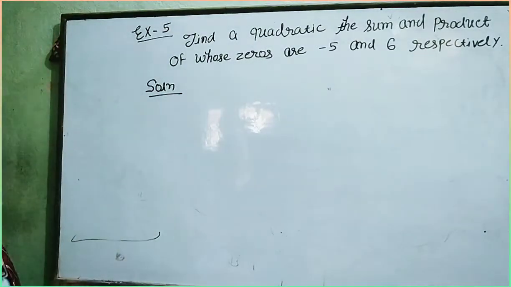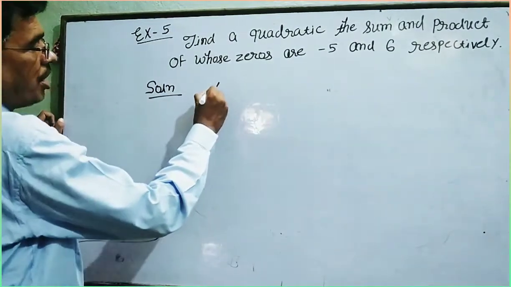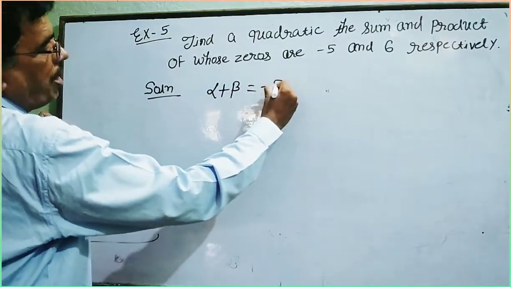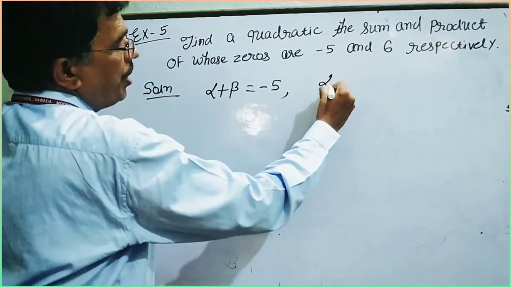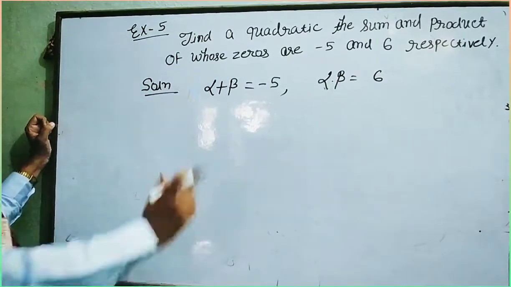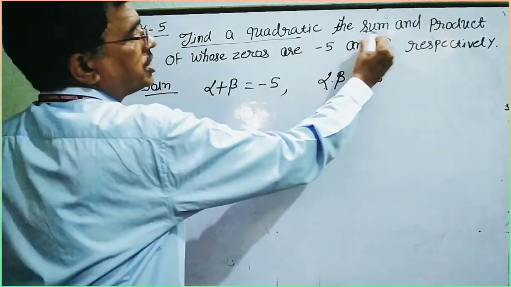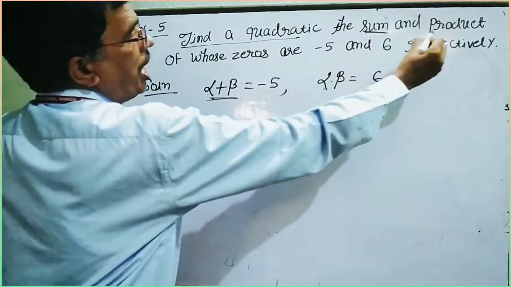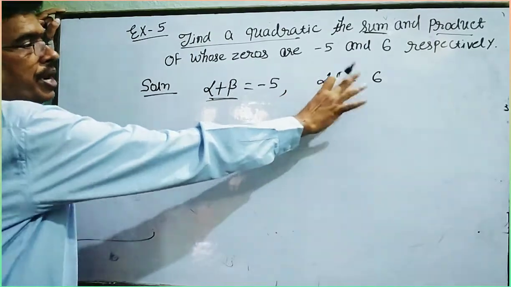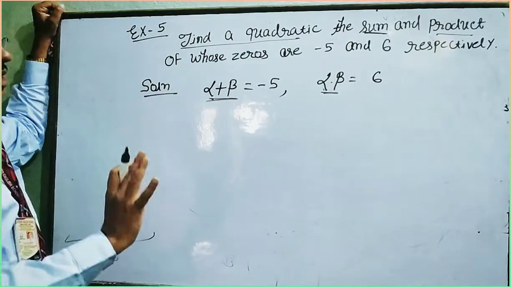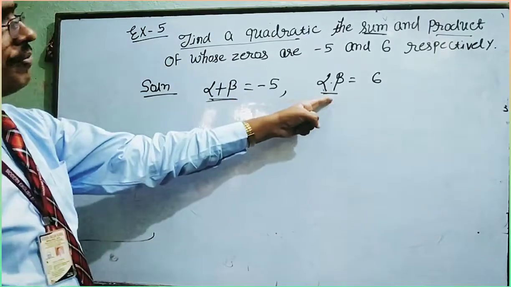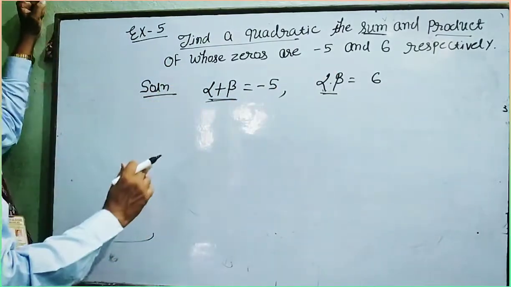Sum of the zeros means alpha plus beta is given as minus 5, and alpha into beta is given as 6. The zeros are alpha and beta. So dear student, it is given that alpha plus beta is minus 5 and alpha into beta is 6, and your question is what is the polynomial?